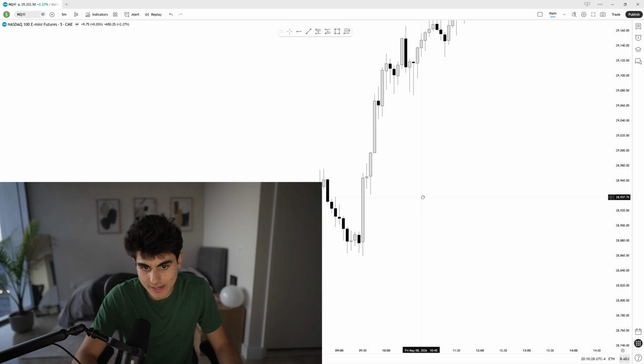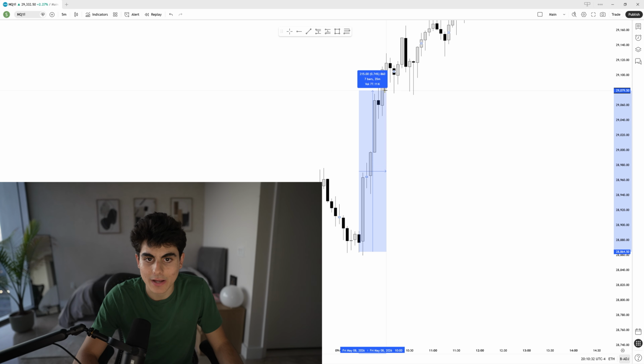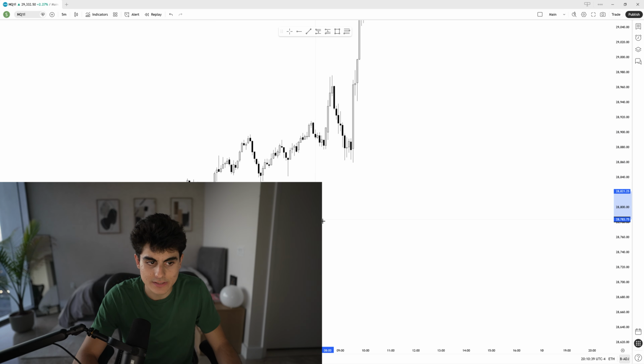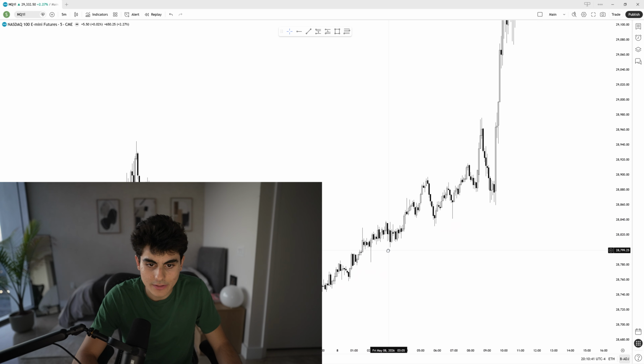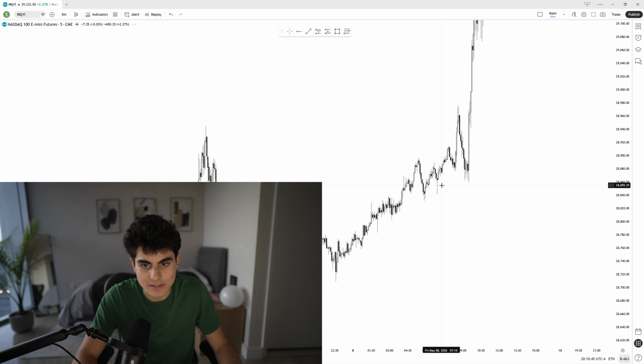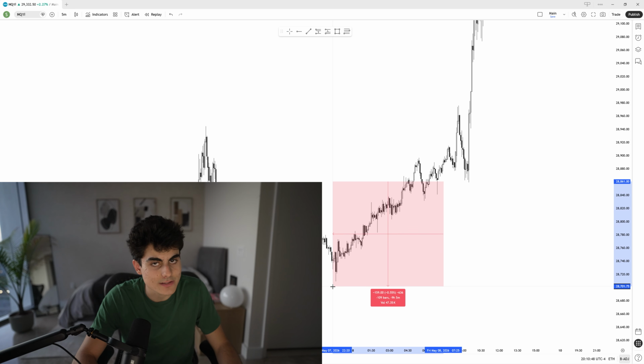For NASDAQ, the only targets that I had were after we end up going higher. As we're going up, I start marking out targets. There's no point in marking out these because we're not going to hit them. Or even if you did mark them out, as soon as we make all this, it's now a good time to delete all that stuff.